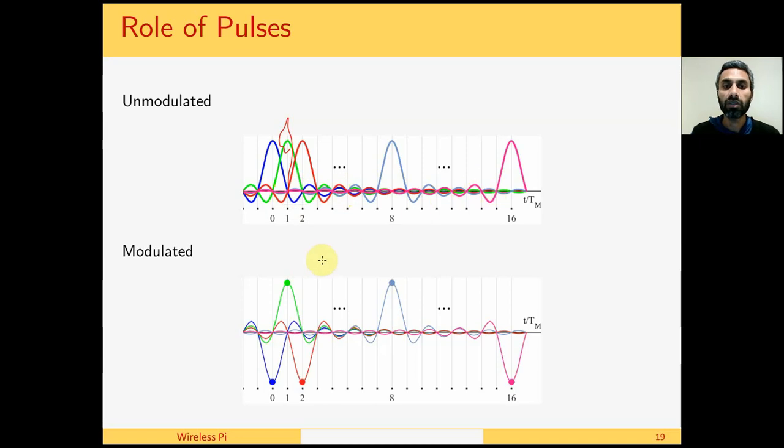The consequence of this is that when you modulate these pulses, then we have -1, +1, -1, +1, -1, and so on. And at the receiver we have correct timing synchronization, and when we sample the signal right at this point, there is no intersymbol interference at each instant and the symbol value comes unharmed.